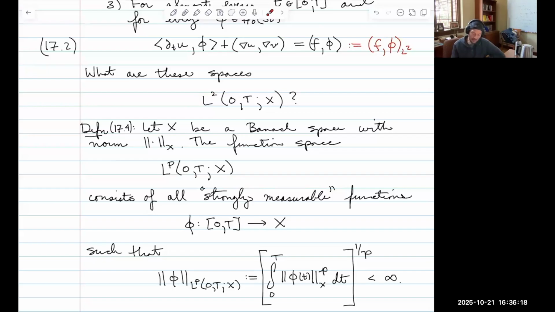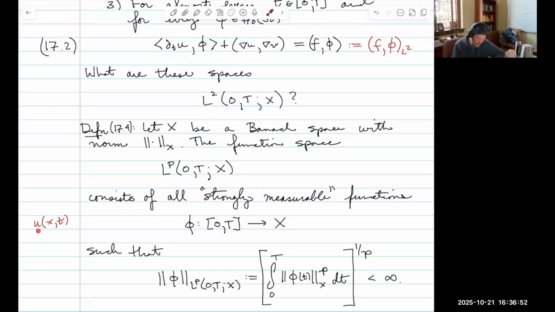So now I'm going to slightly shift my thinking. Remember, I have functions that appear like this. They're functions of space and time. Usually you write time second. I'm not sure why, but that's how it's usually done. I'm going to think about them in a different way. I'm going to think of every time I pull out an instance of time in the interval 0 to T, that creates a function in some spatial Hilbert space.